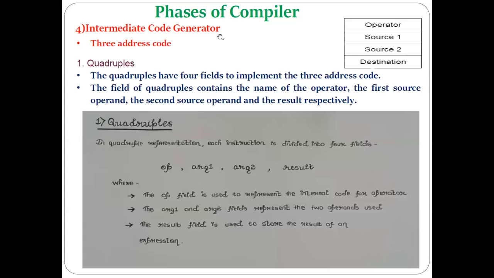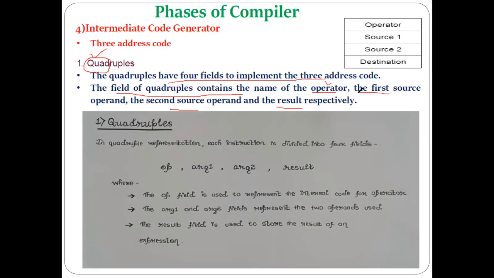Okay. So in the representation of three address code, the first type of representation is a quadruple. Now quad means four fields. So the quadruple has four fields to implement the three address code. What are the different fields? The different fields of a quadruple contain the name of the operator, first operand, second operand, and the result.